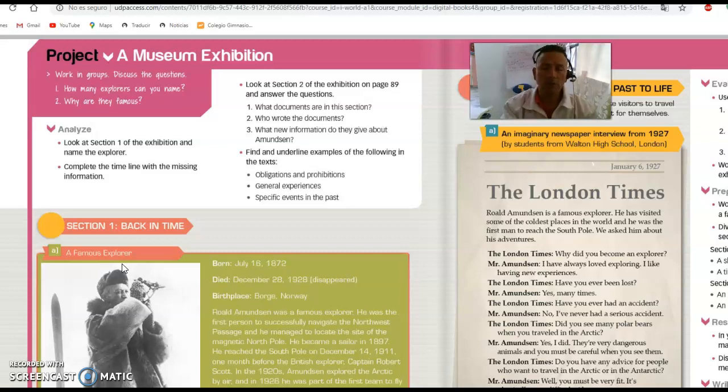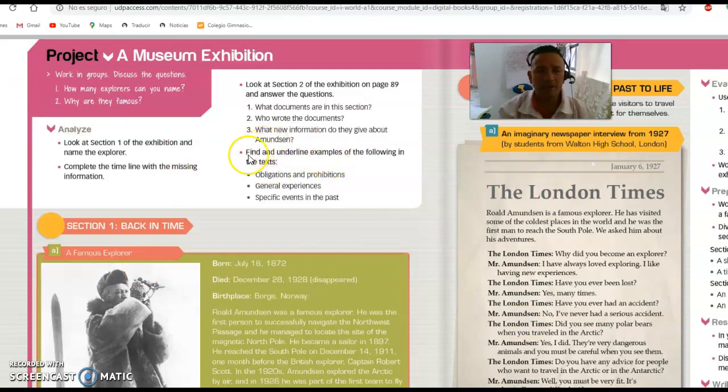No computer, handwriting. So you are going to investigate about a famous explorer, famous explorer man, okay? Or famous explorer person. So that's what you need to do.